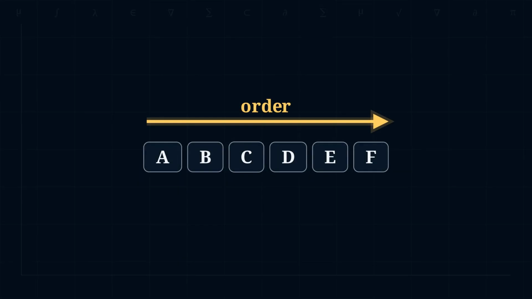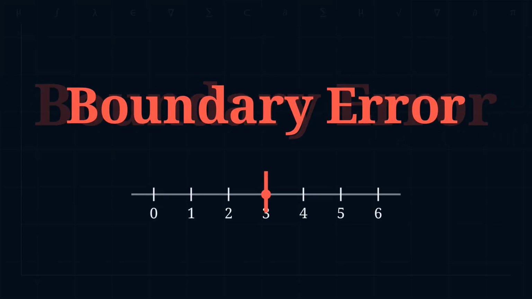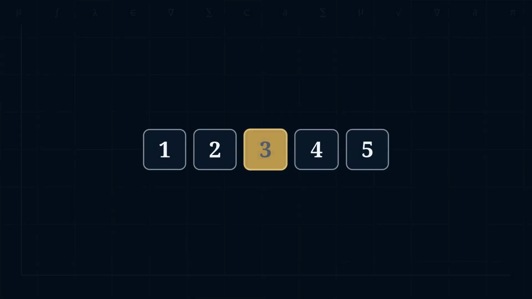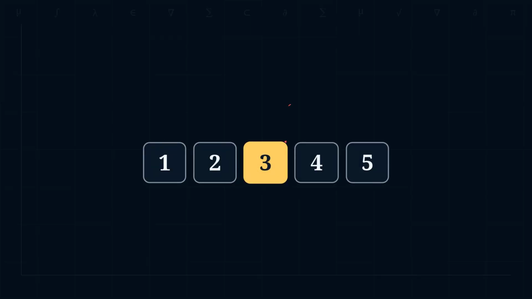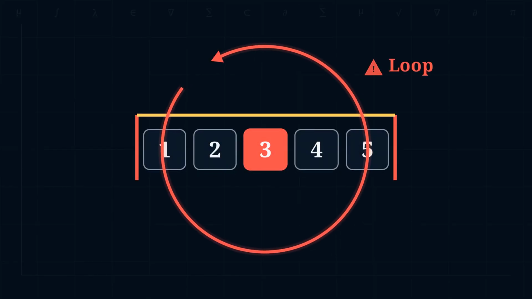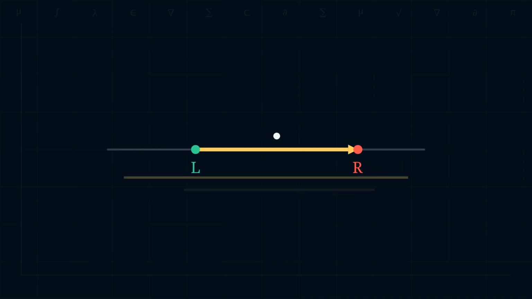The algorithm depends on the ordering relationship, not merely on the fact that the data happens to be stored in an array. Another beginner mistake is updating the boundaries incorrectly. If the middle position has already been checked, leaving it inside the next search interval can cause the same position to be checked again. In some implementations, that mistake creates a loop that never shrinks. The practical test is simple. After every unsuccessful comparison, the next interval must be strictly smaller than the previous one.